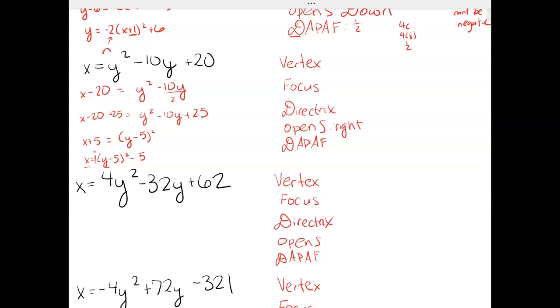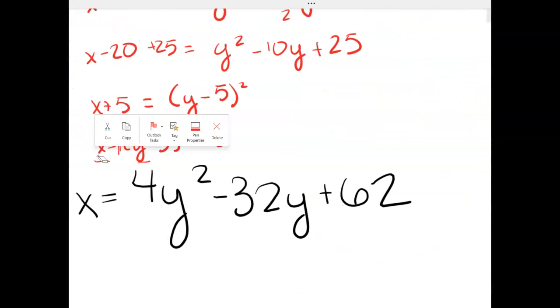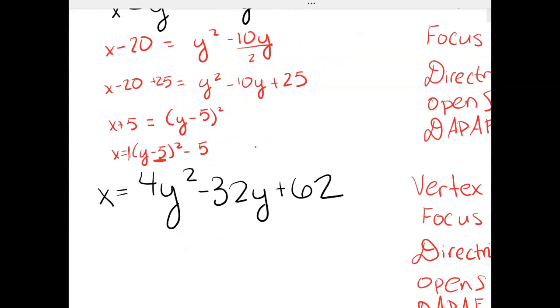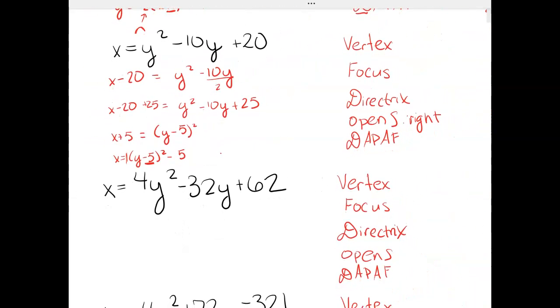Alright, so how does this affect my vertex? Well, usually I say if it's in with the x term, then that is my x coordinate, and on the outside is always my y coordinate. Well, this time it's flipped. My y coordinate is actually in with my y's. However, my signs don't change. What I mean by that is my general formula is still going to be the same. The only thing that changes is where my x's and my y's are.